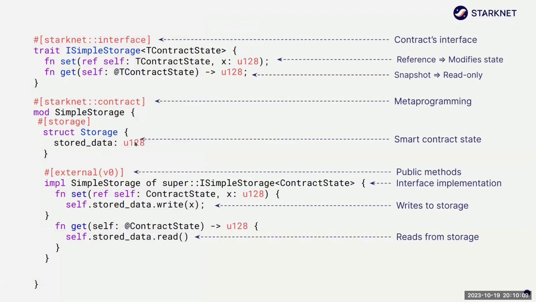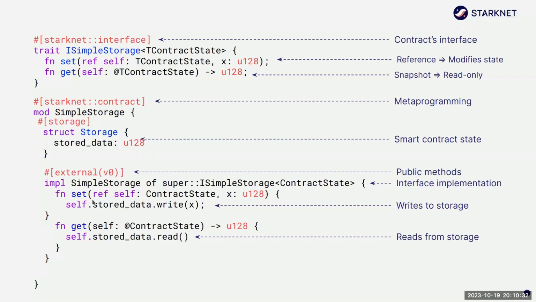What this contract does is define a storage variable called stored_data, which is a u128. When you define state variables, you have to append the attribute storage to them.